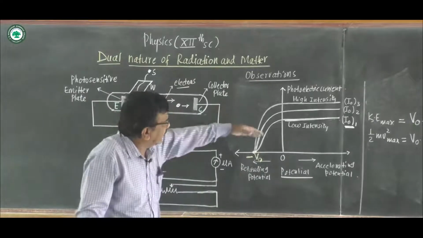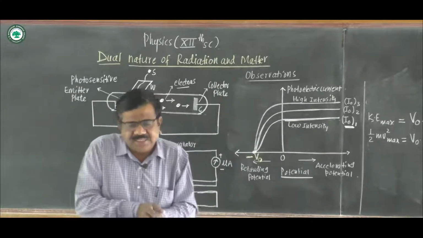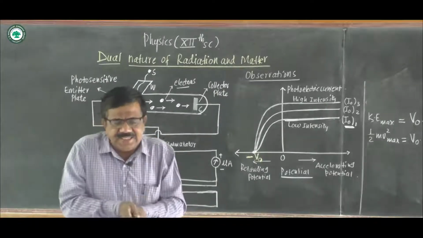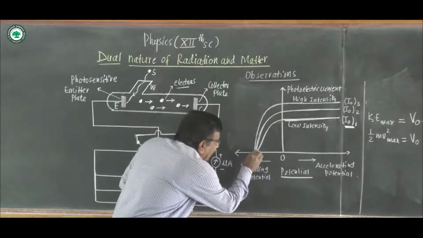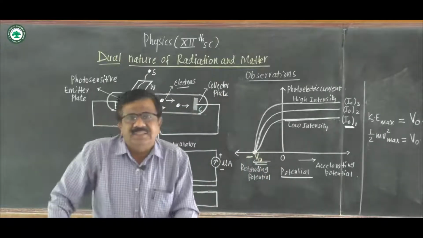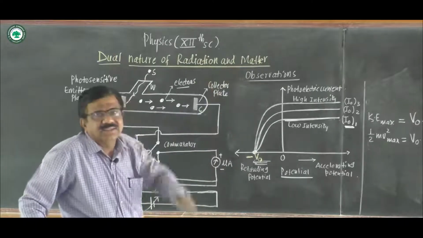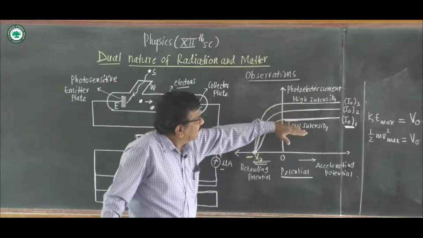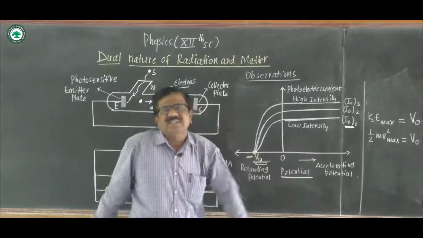Now see the explanation of these three graphs. If the frequency is kept constant and the experiment is repeated with an incident beam of different intensity, the stopping potential is the same. That is the main part. For these three different intensities, even if the frequency is the same, the stopping potential remains the same.